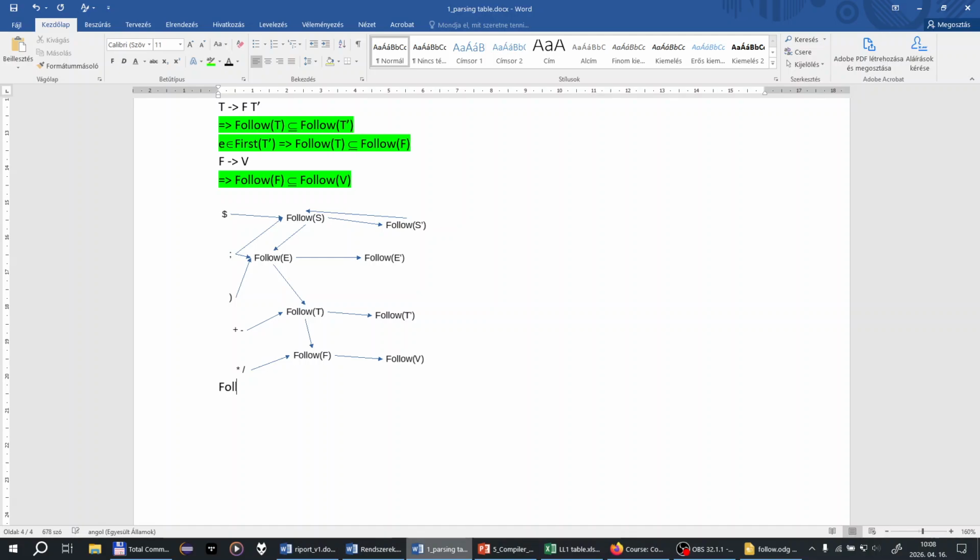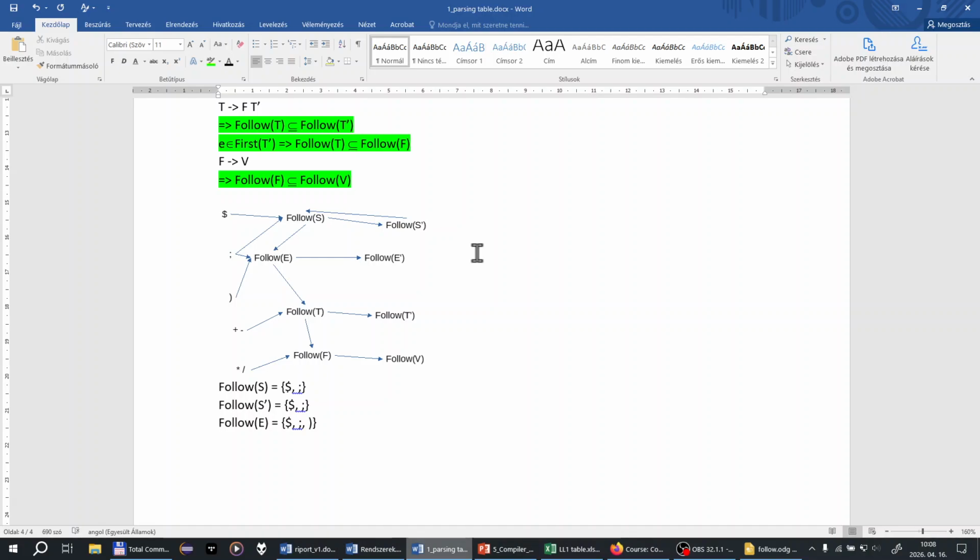So follow S is equal to the set containing the dollar sign and the semicolon. Follow E, actually follow S prime is the same. Follow E is the same, but also containing the closing bracket.